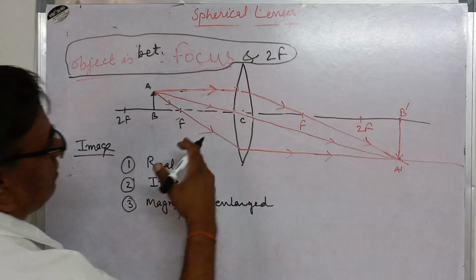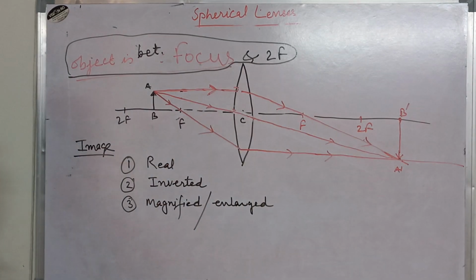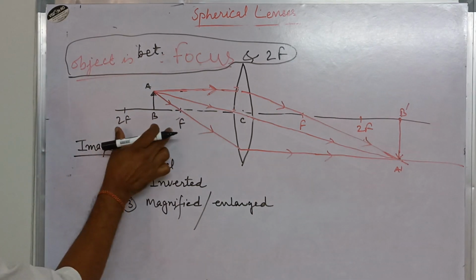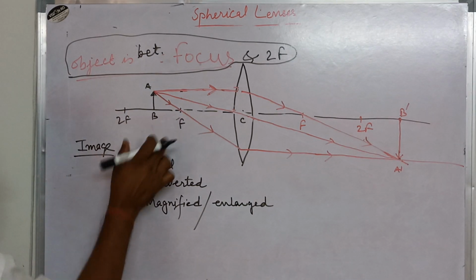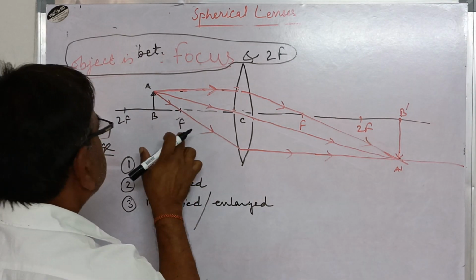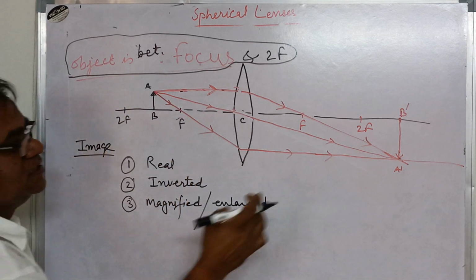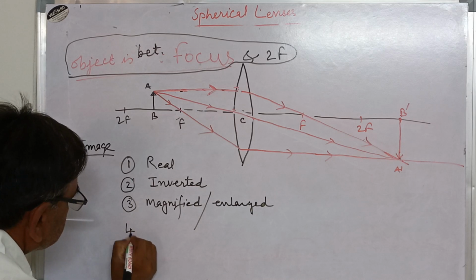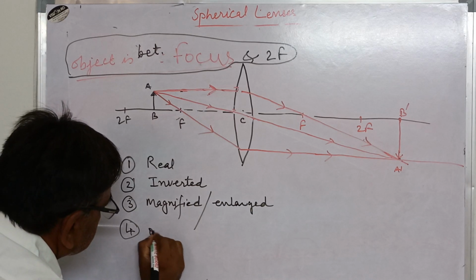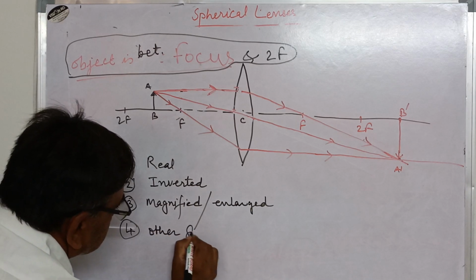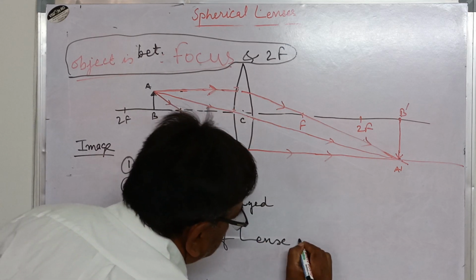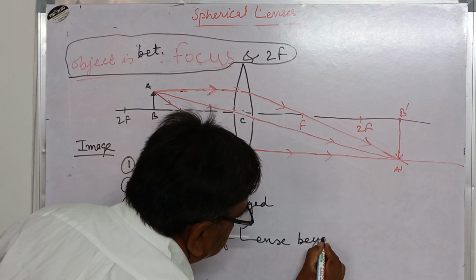And on the other side of the lens, the location, and it is beyond 2f. f और 2f के बीच में ऑब्जेक्ट है, तो image, if the object is between f and 2f, the image will be beyond 2f on the other side of the lens. The location is other side of lens, beyond 2f.